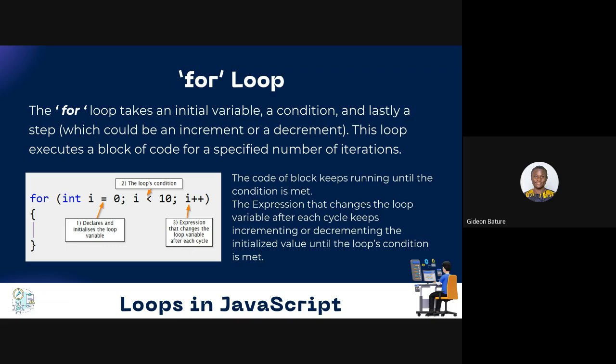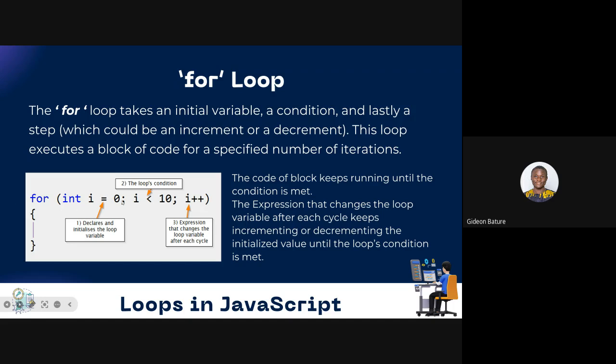If you are using a for loop, you need to declare an initial variable inside the for itself. This int is actually for C, not for JavaScript. It was a mistake. It's supposed to be let i for JavaScript, but it's not an issue.